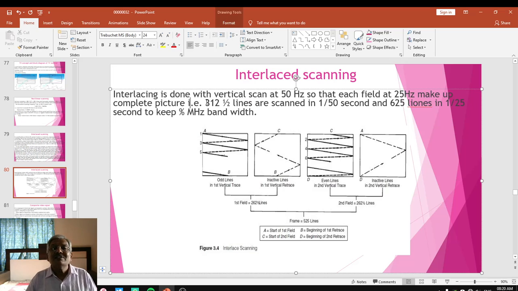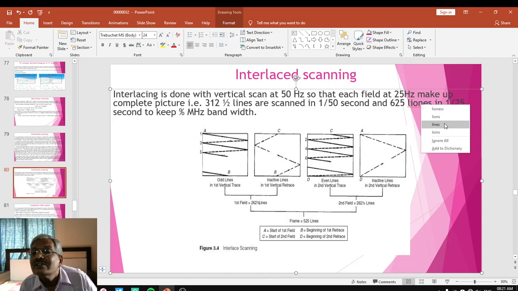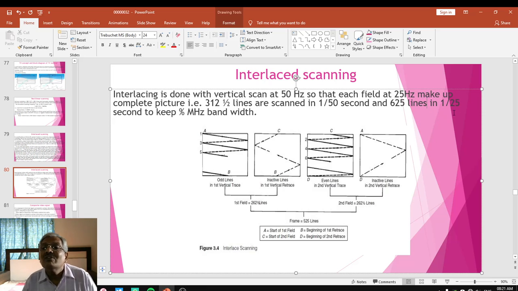That is, 312 and a half lines are scanned in 1/50 second and 625 lines are scanned in 1/25 second to keep the 5 megahertz bandwidth. So this is what we can call interlaced scanning.